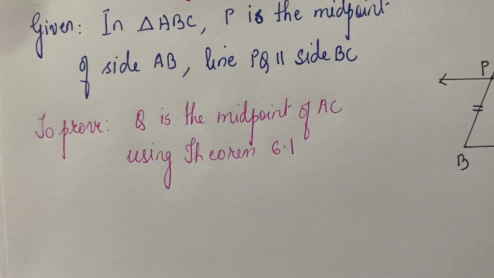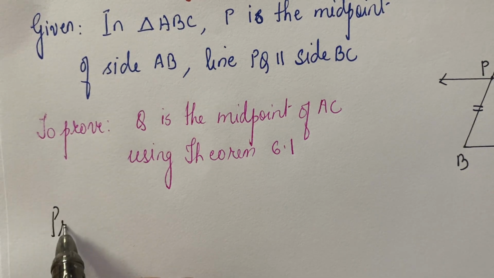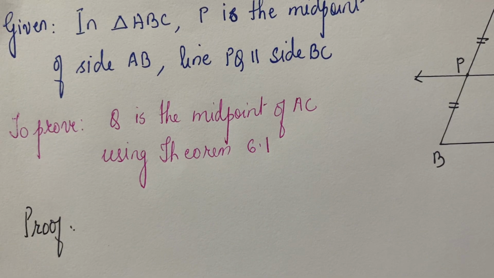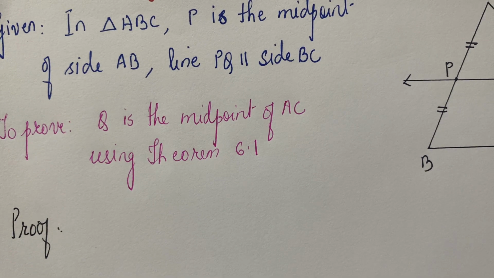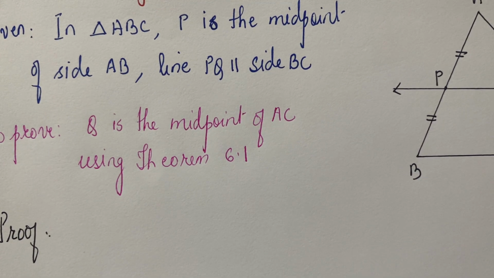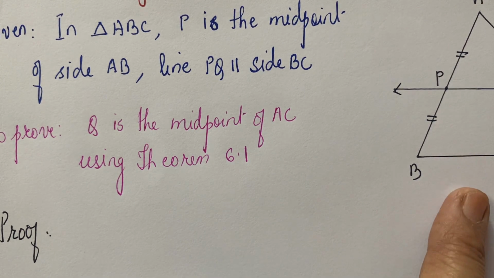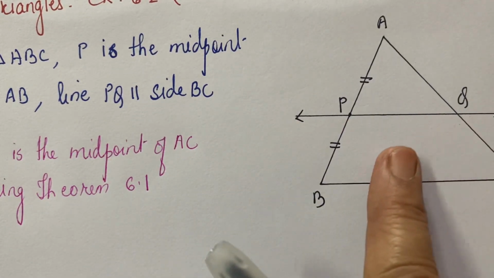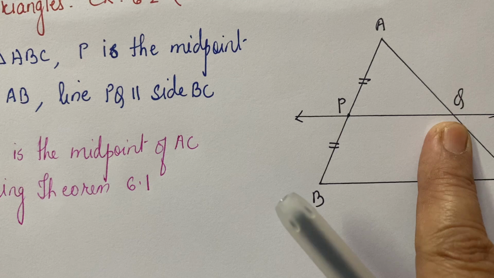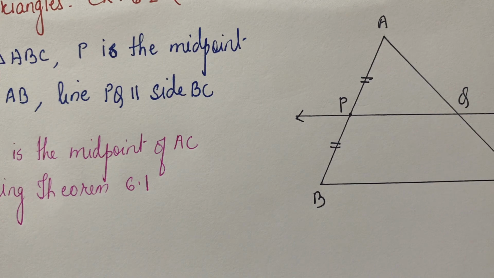So what is this theorem 6.1? It is the basic proportionality theorem or the Thales theorem. What is that Thales theorem or basic proportionality theorem? If a line is passing through any two sides of a triangle and it is parallel to the third side, then this line will divide the other two sides in the same ratio.